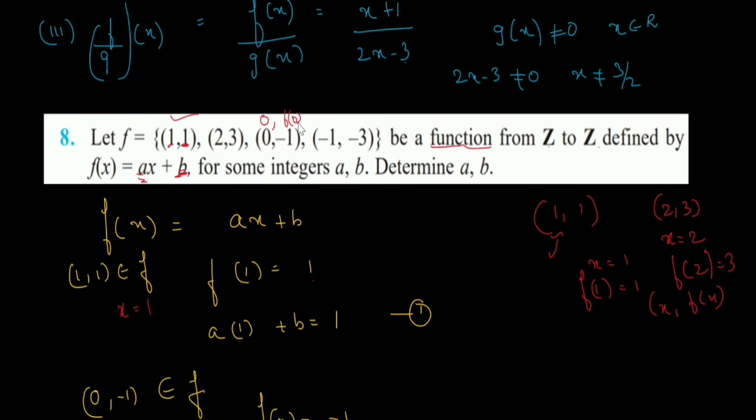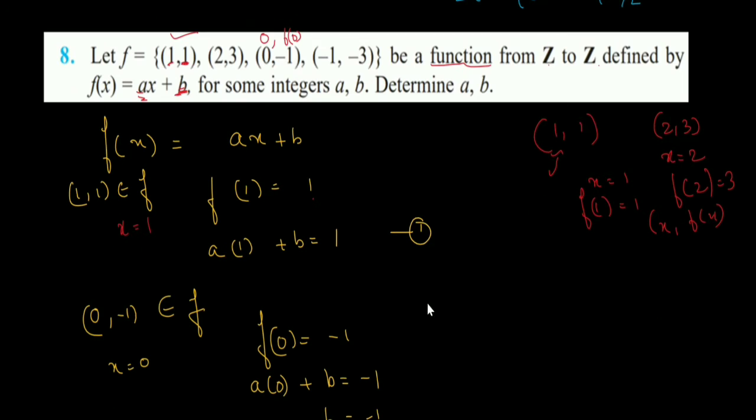So x is 0, f of 0 is minus 1. f of 0 means substitute x as 0. So a times 0 plus b, since the function is ax plus b, is equal to minus 1. So b is minus 1. Because I took (0, minus 1), I got b as minus 1 straight away.